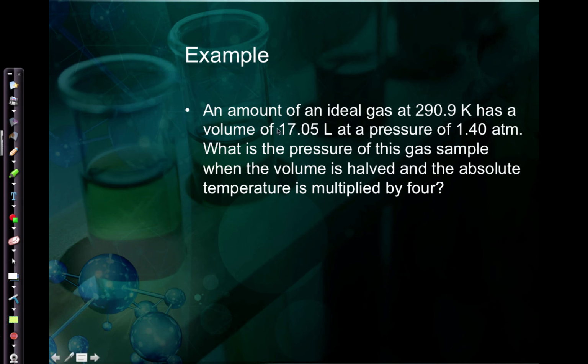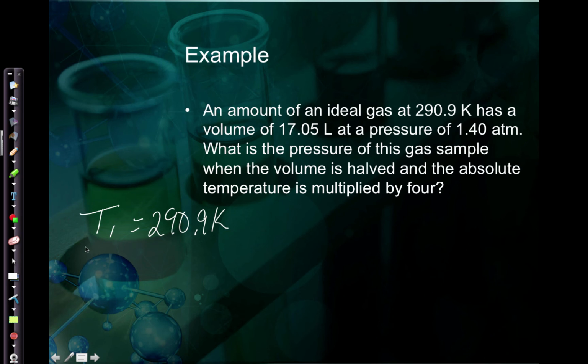Okay, so I'm going to pull out the information here. So I have a temperature of 290.9 Kelvin, and I can already see that stuff is changing here, so I need to assign it an initial or a final value. So is it 1 or is it 2?